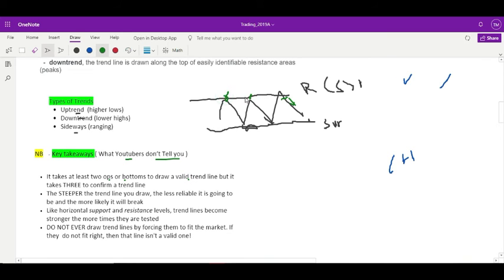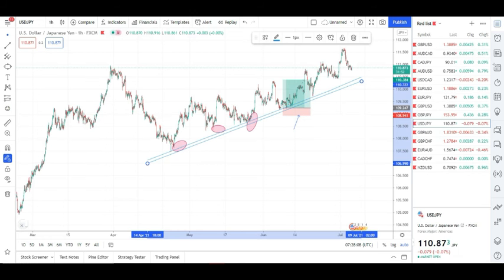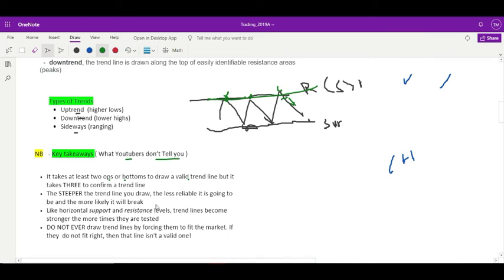The first and second touch give that there is a trend line, but you need to wait for the third one to give a confirmation, to say there is a line here that you need to draw, right? As I explained here, the first touch, second, third, confirms that there is a trend line. That's why I end up drawing this, right? You can't say at the second one, now there is a trend line. First and second give out that there is a trend line. The third one confirms that there is a trend line, right? Be very careful with this.